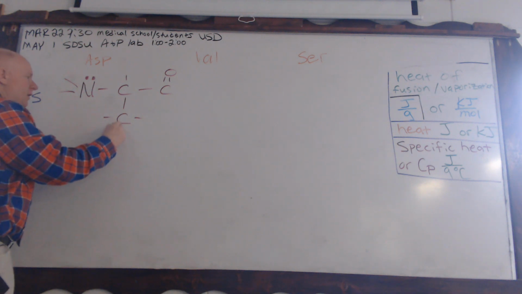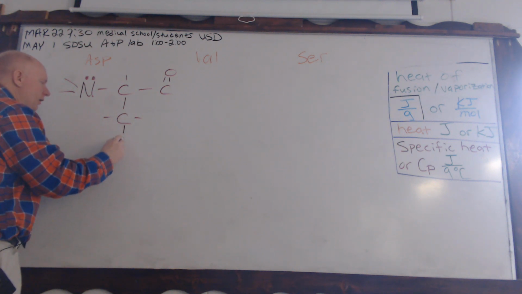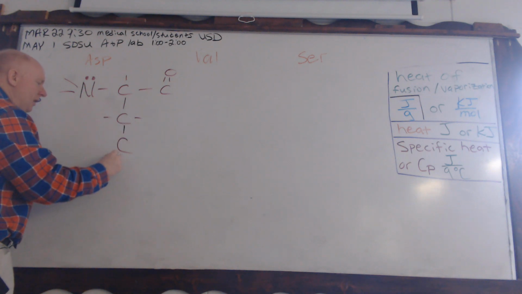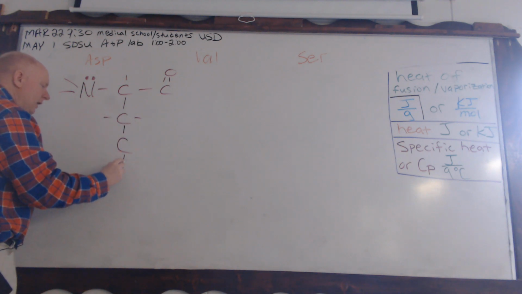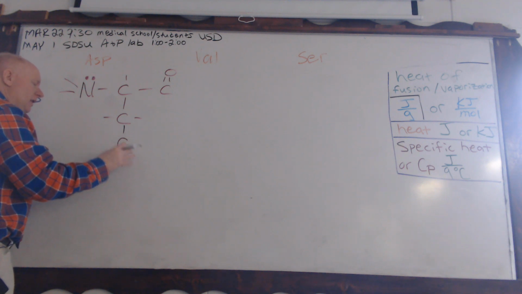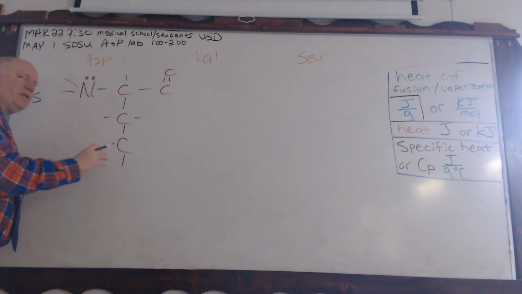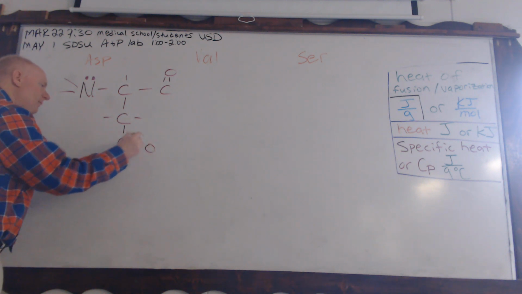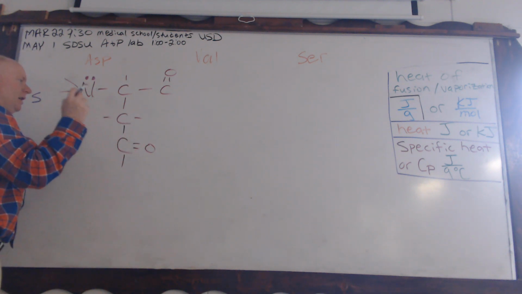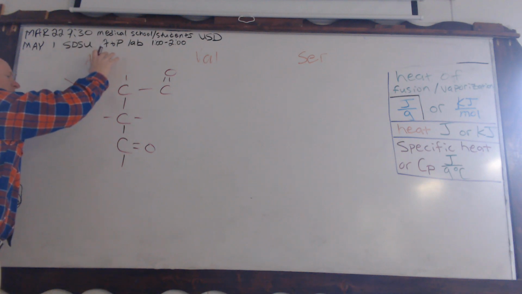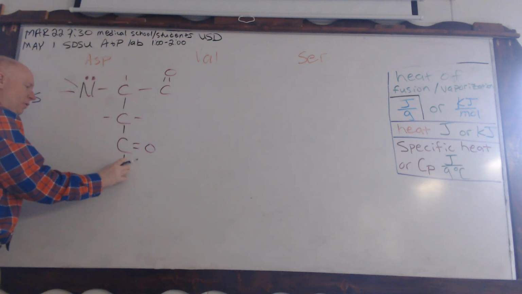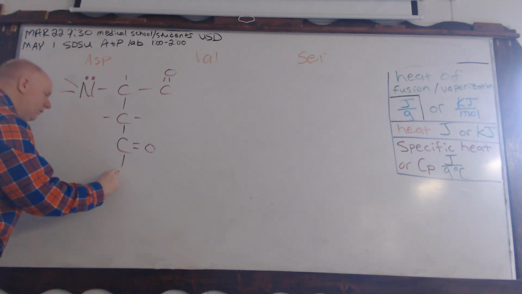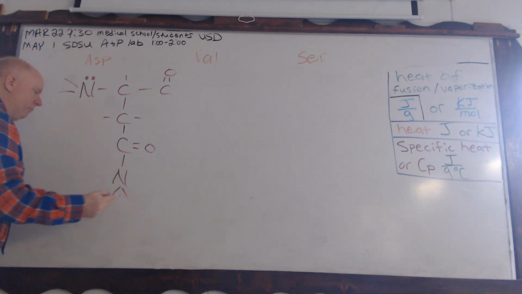And then in this case, we've got another carbon. Is there another carbon or is there a double bonded oxygen? There's a double bonded oxygen on there. That's right. Which means now we go back to our asparagine, which means what type of group is on this last carbon? There's an NH2 making another amine group.